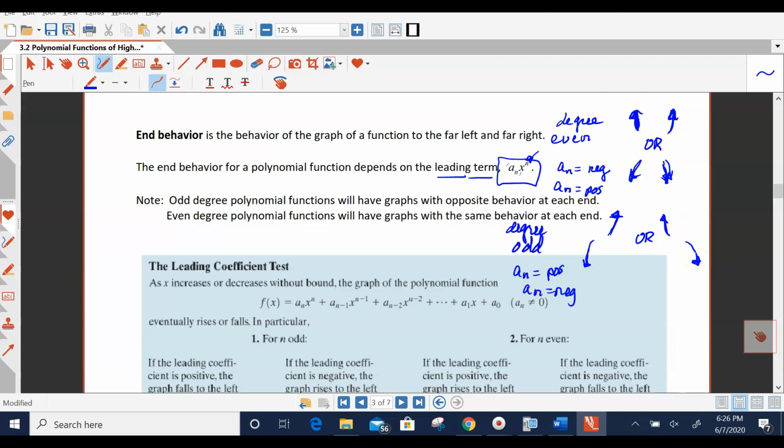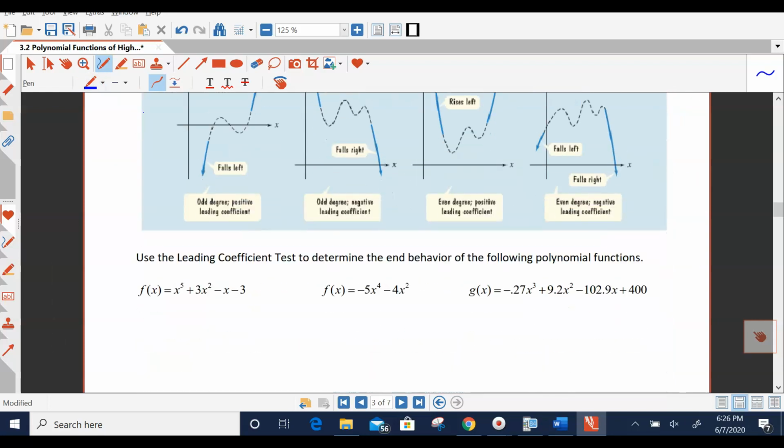But you know what? If you forget, you can just use your calculator to help you remember how those ends behave. So if you understand what I just mentioned, dealing with even or odd, then you understand everything in that blue box. So I am not going to go through the blue box.